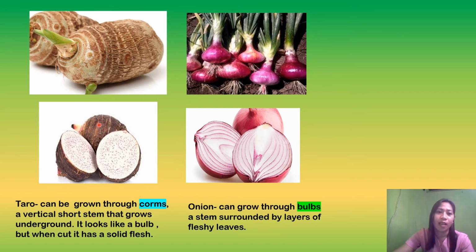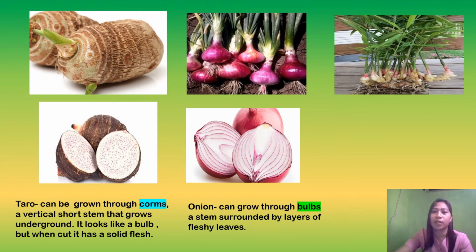It is being surrounded by scales of leaves. You look at this one. This one also is covered with scales. While a bulb is layers of fleshy leaves. They are modified leaves. Okay, so that's the difference between corms and bulbs.